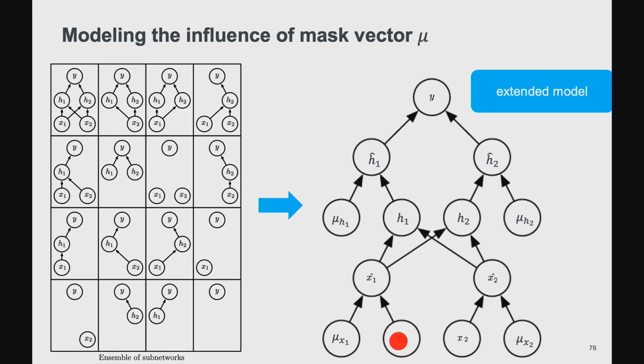So basically, x1 is always there, but if mu of x1 is 0, then x1 hat is 0 and doesn't exist, so to say. I mean, it still exists, but it doesn't forward any information. And if this is 1, then this value is just forwarded to x1 hat, and then this information is there. And this is not only done for this part, of course, it's also done for h1 and h1 hat, where h1 hat can be 0 if this masking occurs.